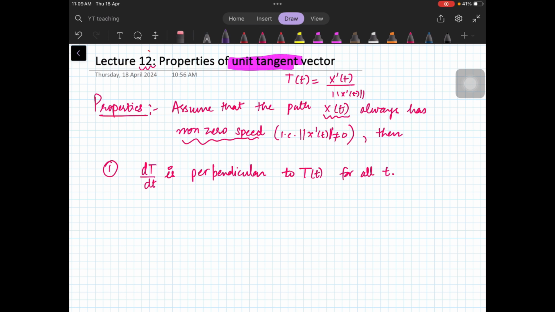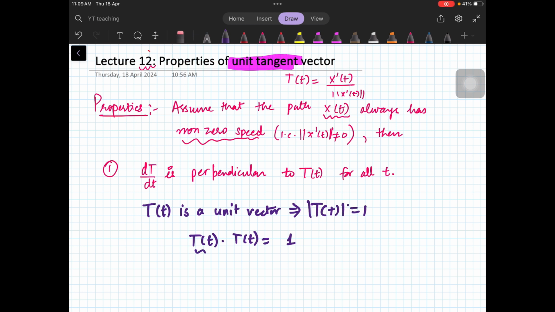It's very simple. T(t) is a unit vector. If you take the dot product of T(t) with itself, that would be 1, because the modulus of T(t) is 1. The dot product is the modulus of this vector times the modulus of this vector times cos of the angle between them, which is 0, so that is 1.